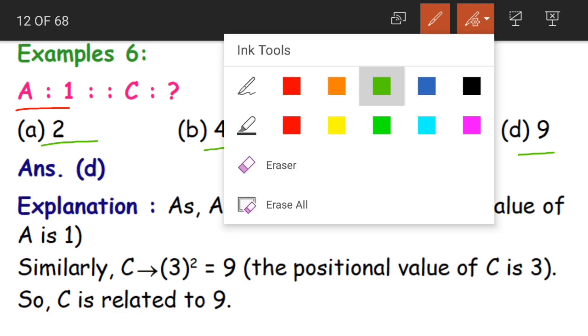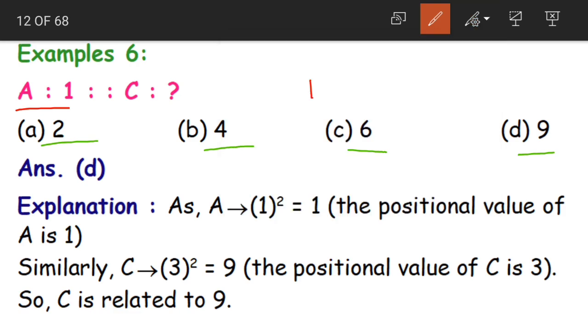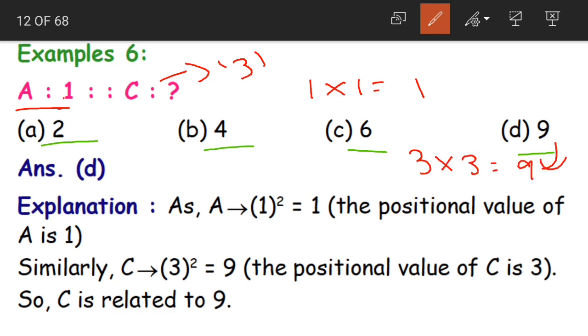No, we cannot find 3. But the 1 can also be written as 1 into 1 is equal to 1. In the same way, if we take 3, C was the third letter, right? So 3 into 3 becomes 9.